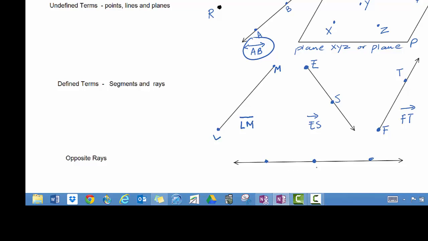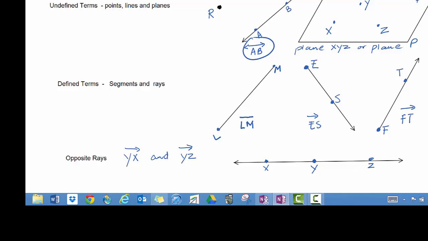If I labeled this point which lies in between points X and Z, and if I label this point Y, then we say that rays YX and YZ are opposite rays.